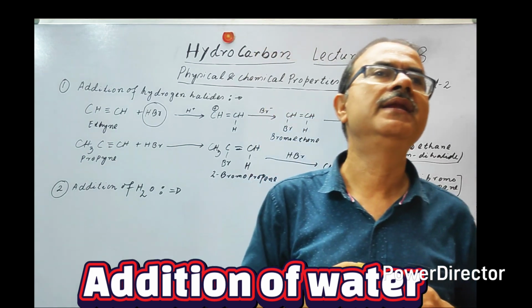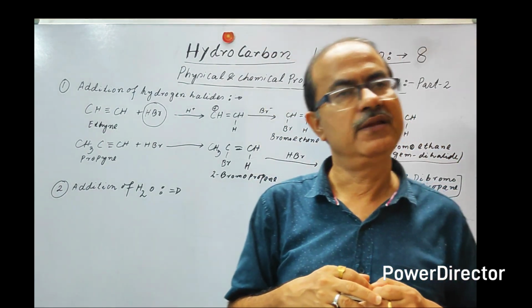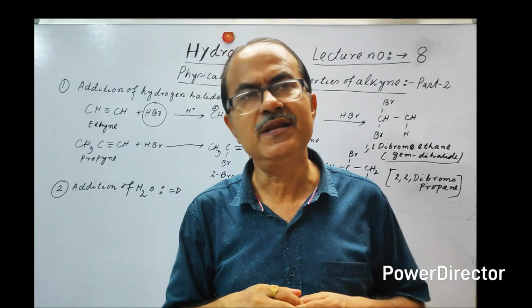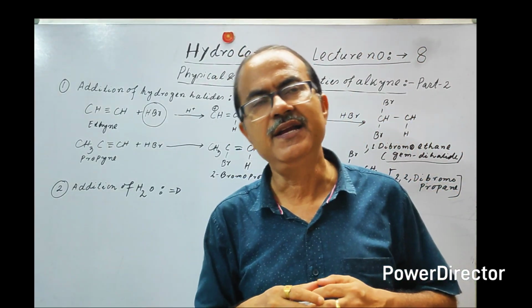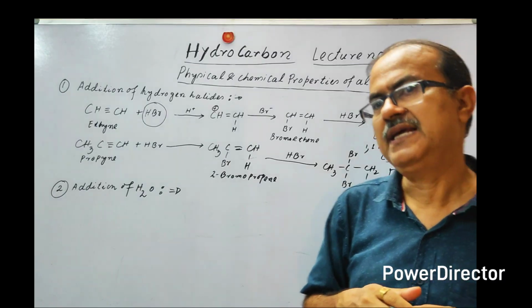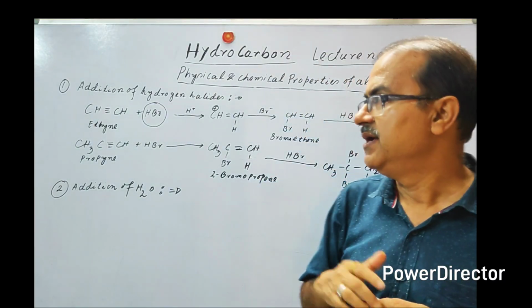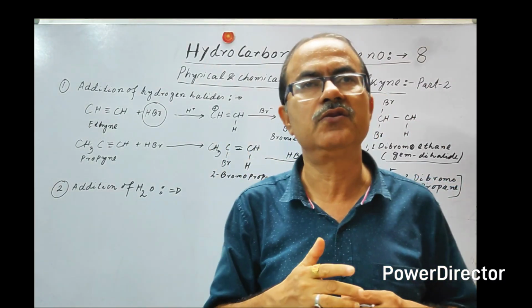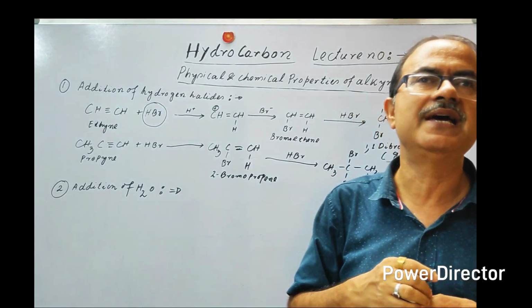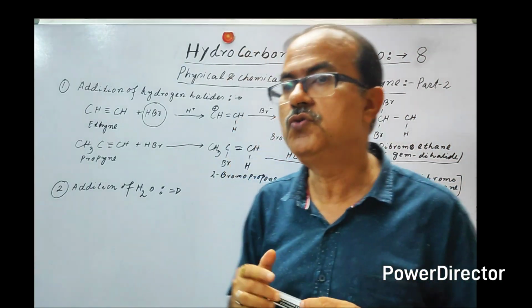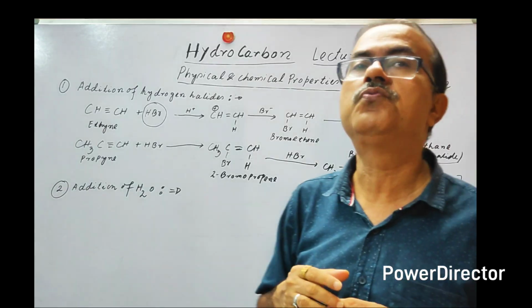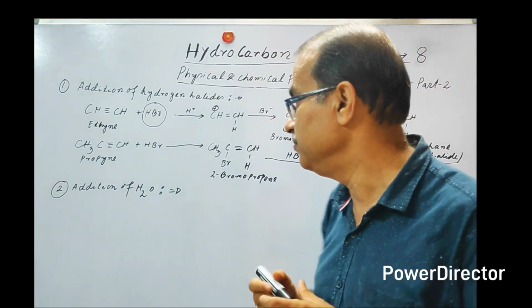Not only ethyne, alkene also. But if you create the proper conditions, at that time you can observe that it will be dissolved. But here the difference is that in the previous addition reaction, we observed the addition of two molecules. Here we will observe only one molecule will add and it is going to produce the carbonyl compound.